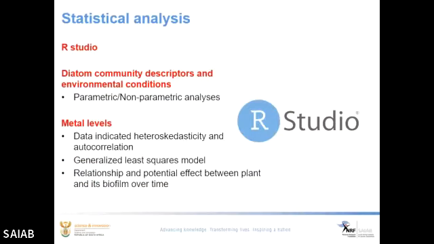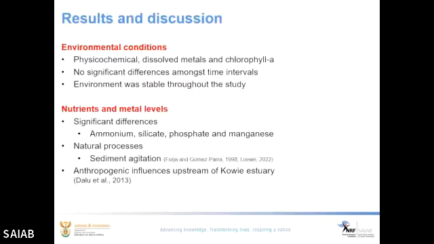All statistical analyses were conducted using RStudio, where diatom community descriptors and environmental conditions were tested using either parametric or non-parametric tests. For the metal analysis, a generalized least squares model was used to assess the relationship and potential effect between the plant and its biofilm over time.